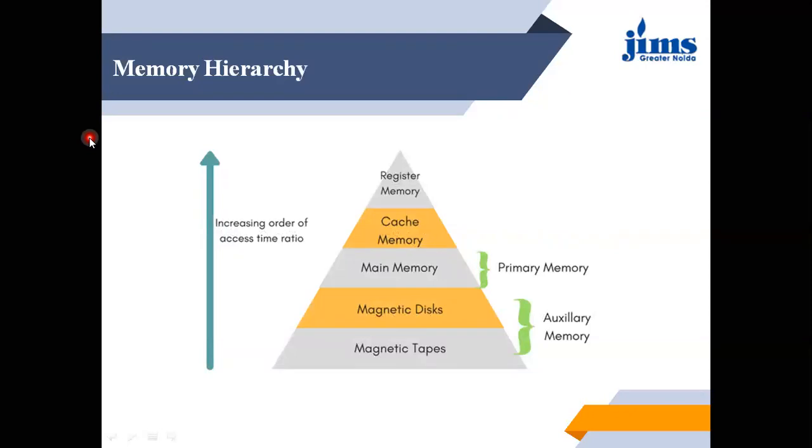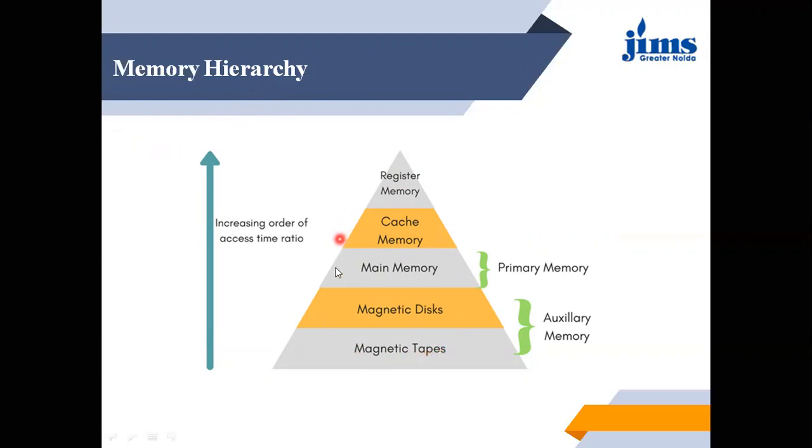So we are discussing the memory hierarchy: the registers, then cache memory, main memory, magnetic disk, and magnetic tapes.